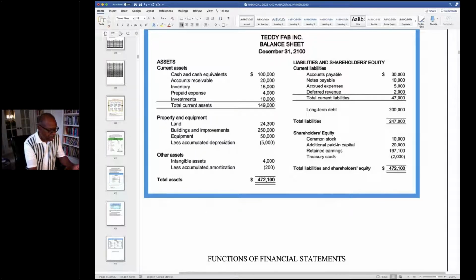So you made an entry, debiting advertising expense, and let's assume that the advertising expense was $12,000.